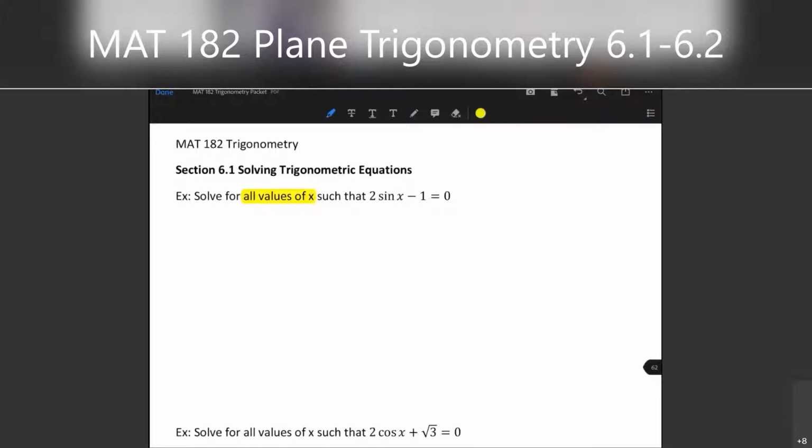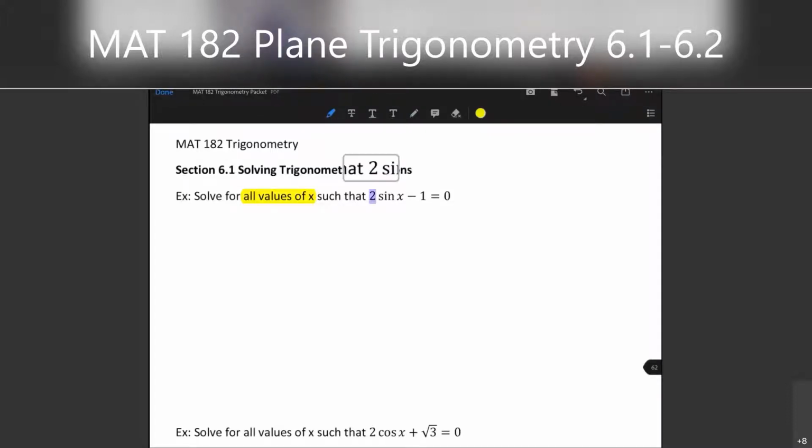We'll practice that first, and then we will go back to solving for either all solutions in the 0 to 360 range, or all values in 0 to 2 pi, which would be the radian solutions. So we'll work on both radian and degree solutions for these equations.